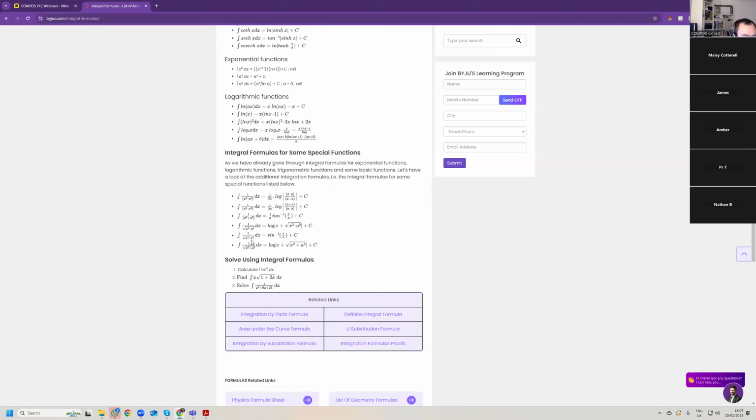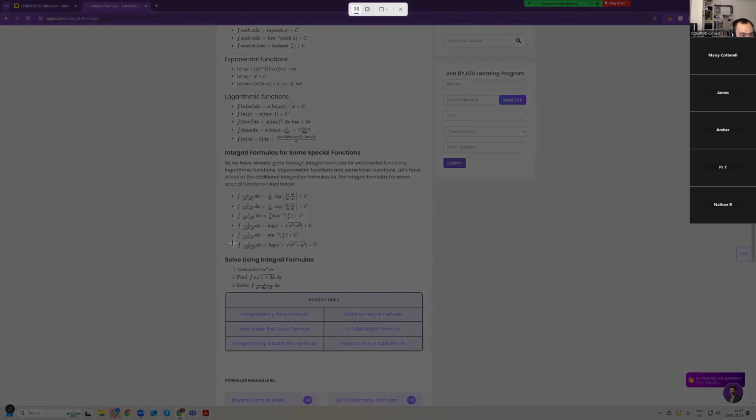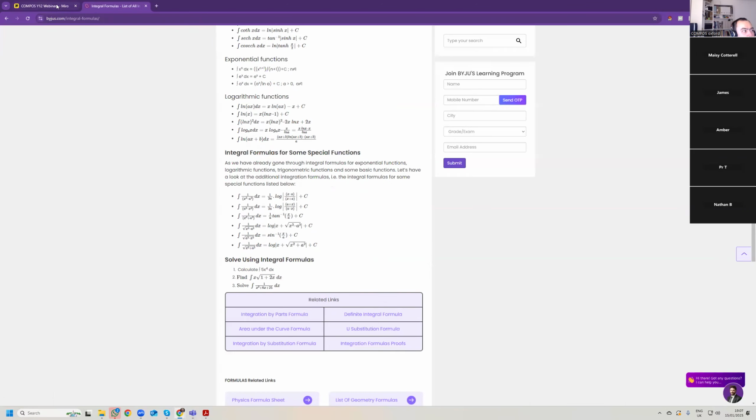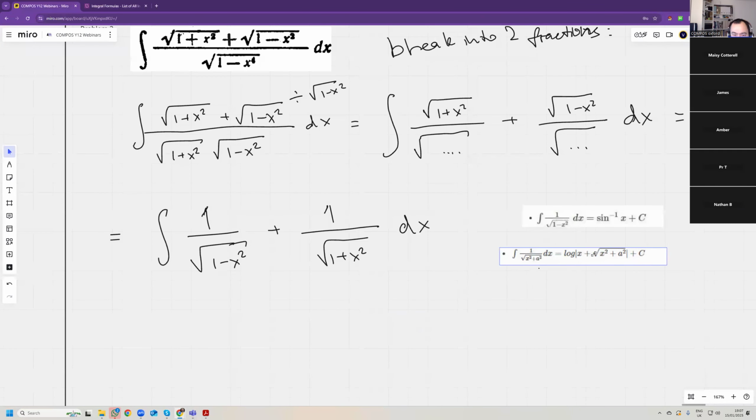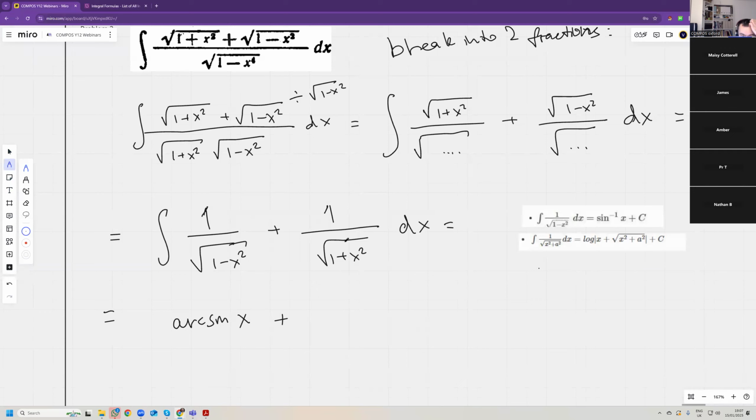Arc sine. Okay. Right. So the first one is arc sine x plus. So this is supposed to be log, well, ln.